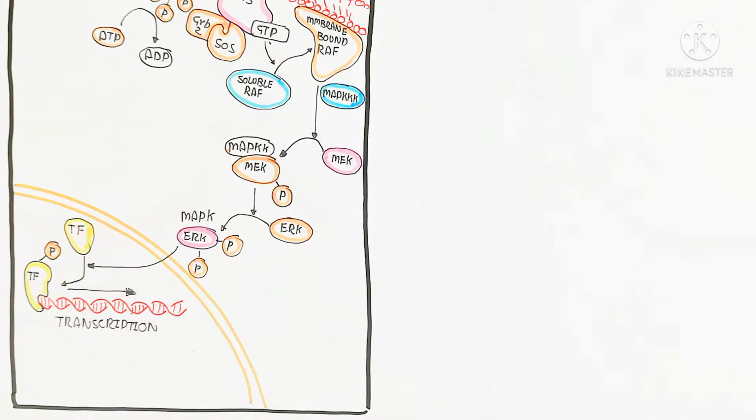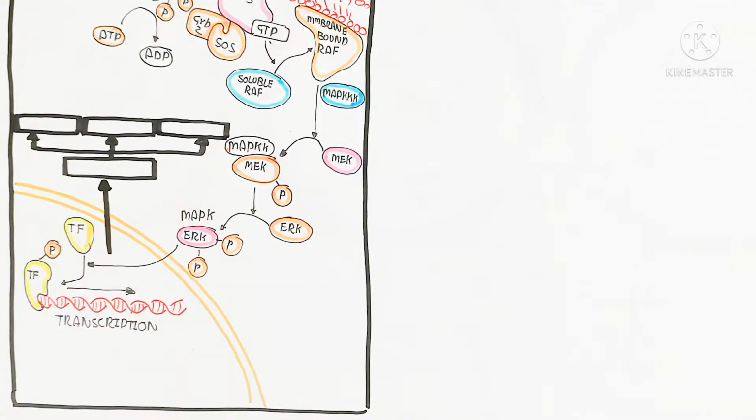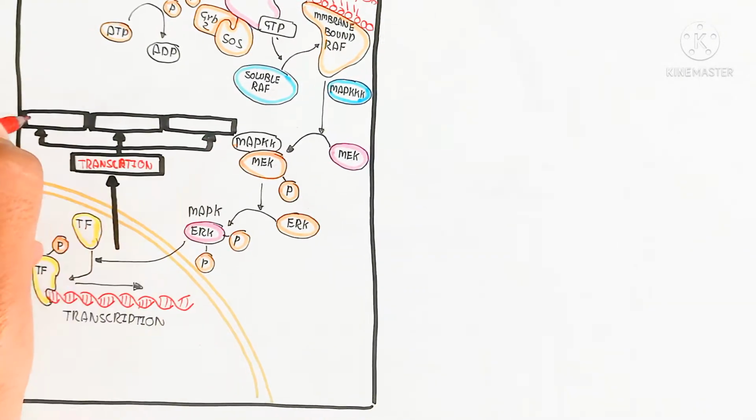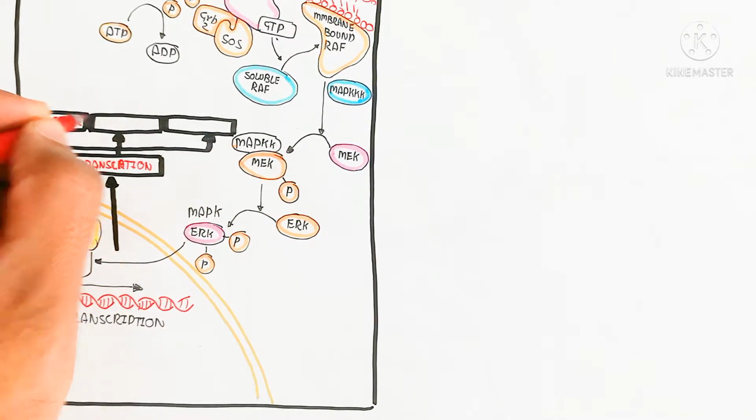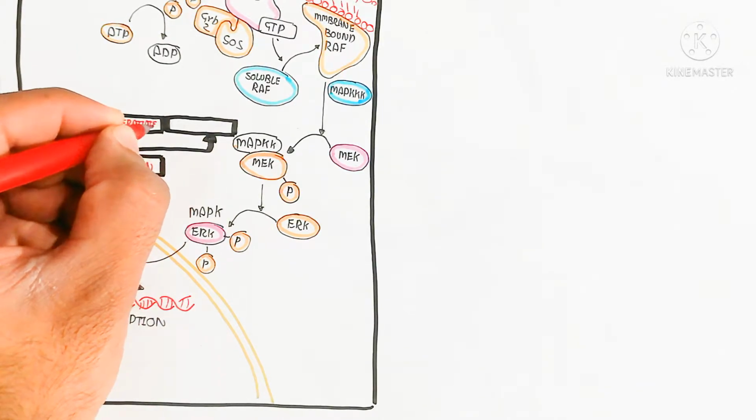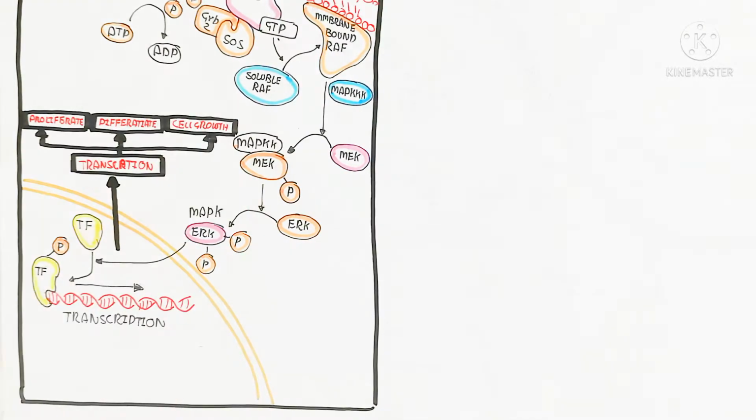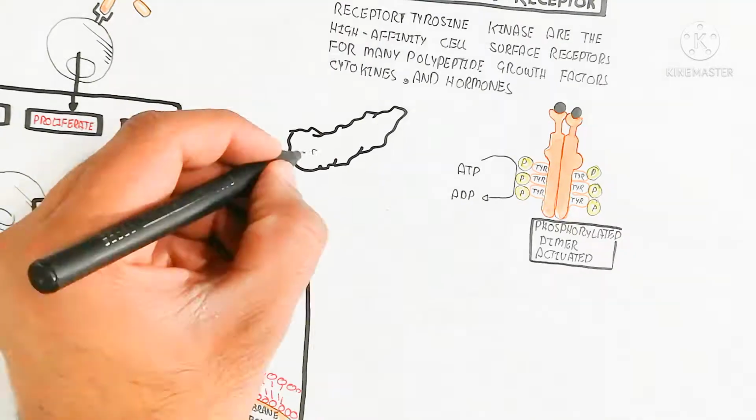After the binding, this protein will bind with the transcription factor for proliferation and translation, to become a proliferating cell, a differentiated cell, and cell growth.